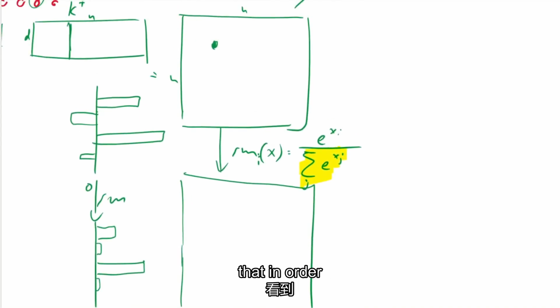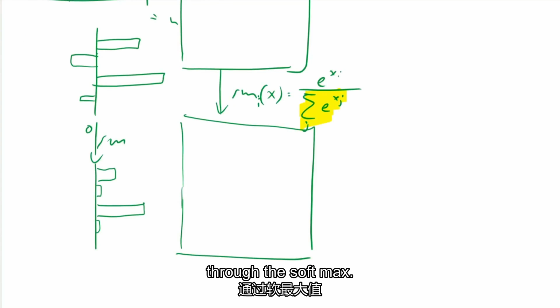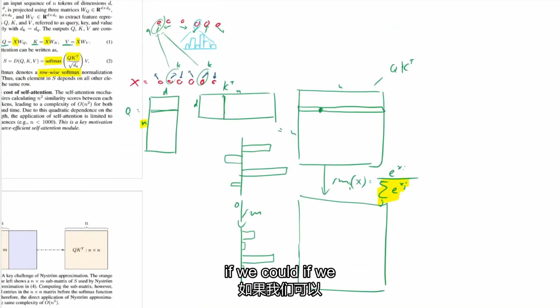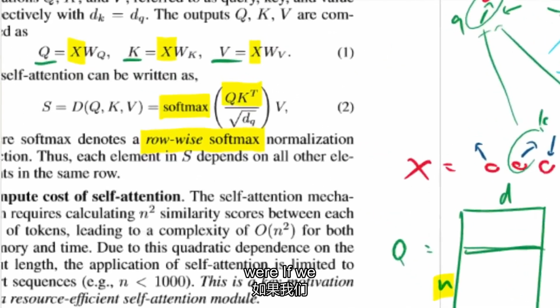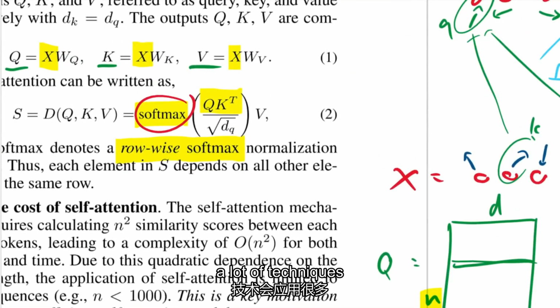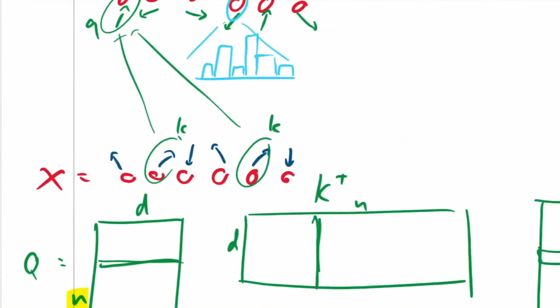And you can see that in order to normalize, you actually need the whole row. So you need the whole row to pass it through the softmax, and that is sort of the bottleneck. If we didn't have the softmax right here, a lot of linear algebra techniques would apply to decompose this big matrix.